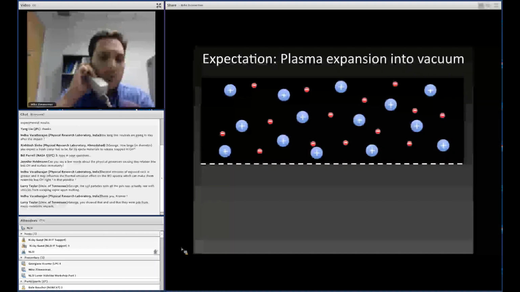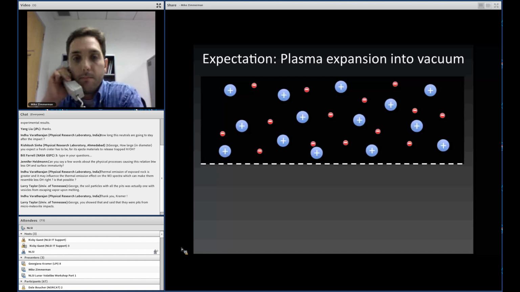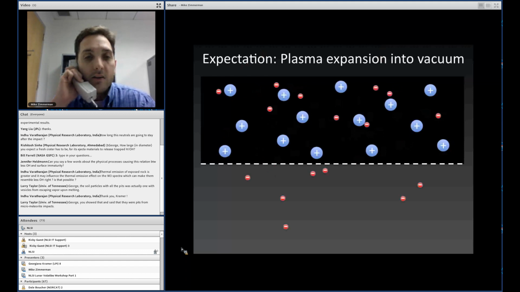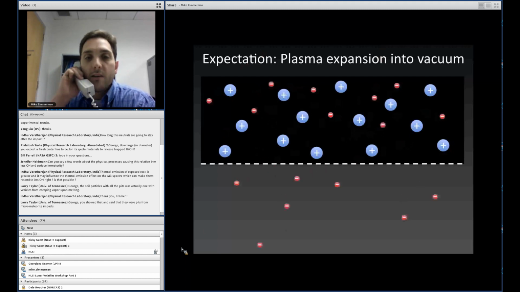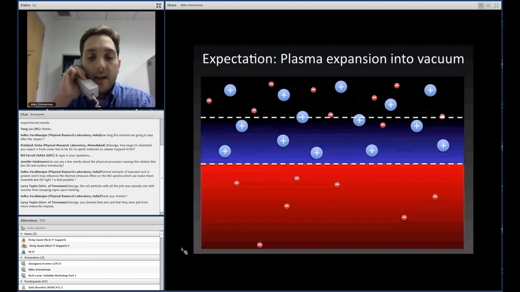So here's the expectation. I've shown this movie before, but just to remind folks, this is the solar wind. It's been obstructed upstream in the lower region, like maybe the solar wind has hit a crater rim. We have protons and electrons flowing from left to right, and the electrons are much faster than the protons. They rush into the crater and create a charge separation.